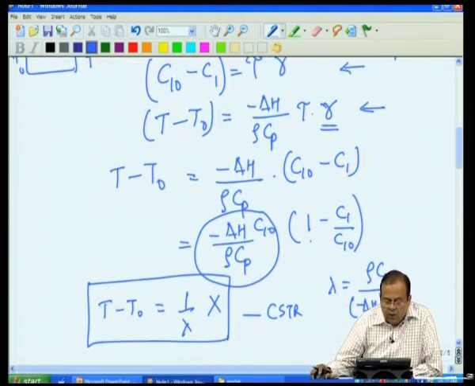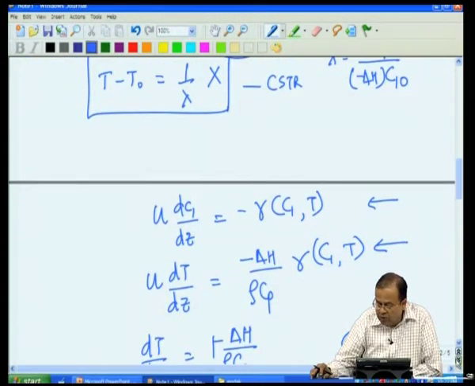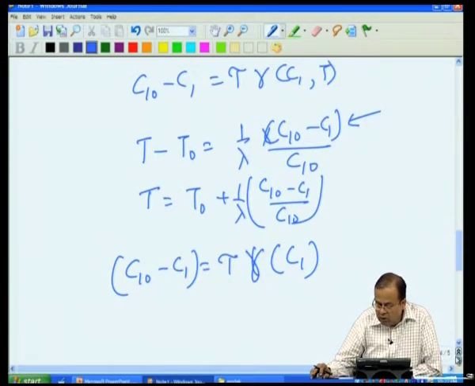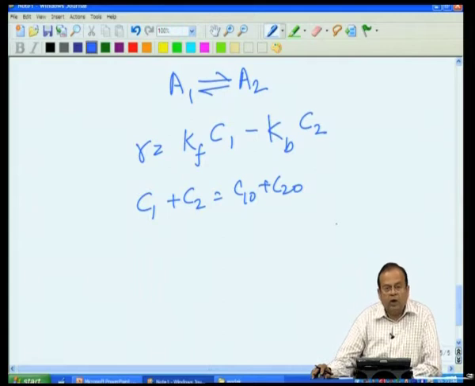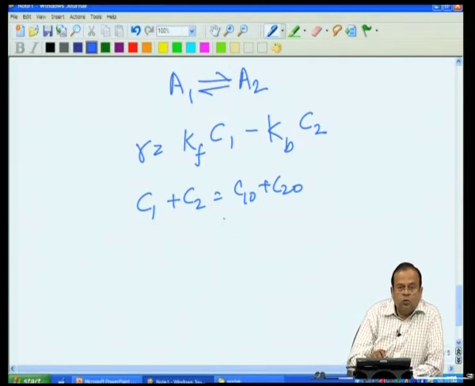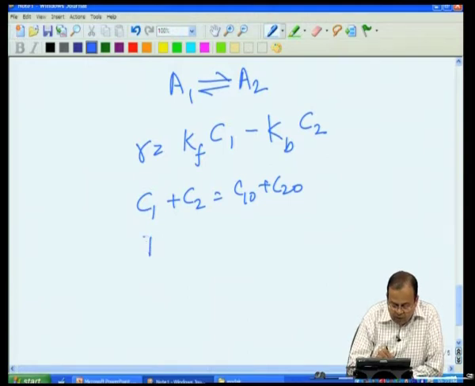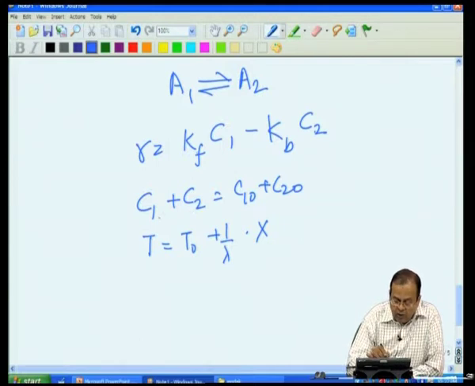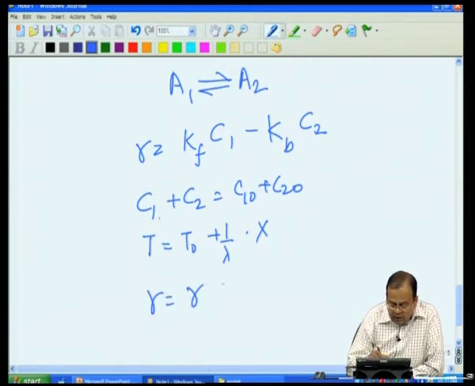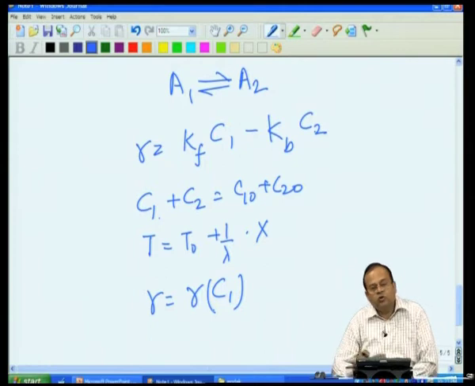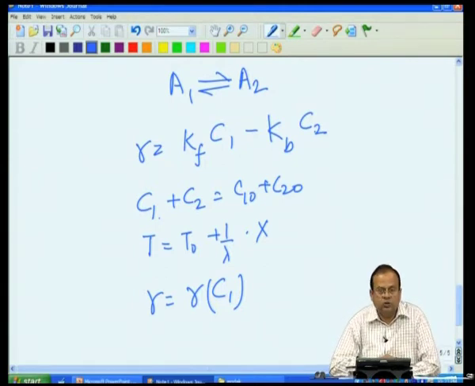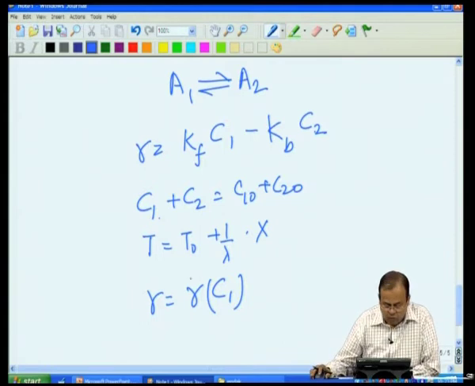So, this coupling must also be valid when we have a reversible reaction, or in other words, we have these two kind of relationship, that is T is equal to T0 plus 1 over lambda into x. So, we have C2 related to C1, we have temperature related to C1, or in other words, we still can write this reaction rate as a function of concentration or as a function of temperature or as a function of conversion.